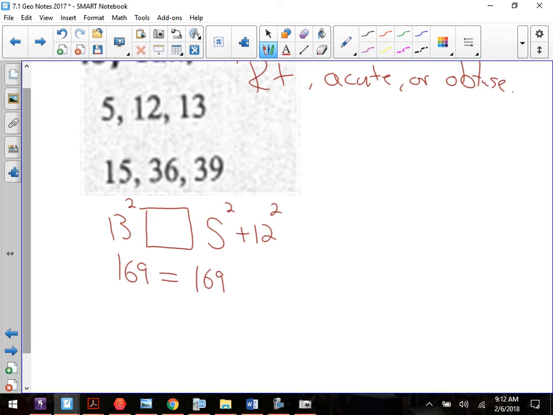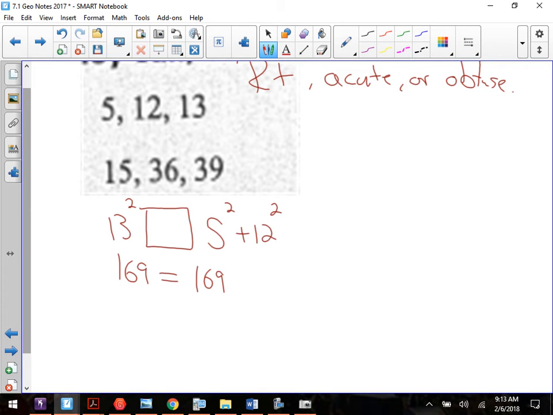Third time's the charm. So since they equal each other, 13 squared is 169. 5 squared plus 12 squared is also 169. That means that those three side lengths create a right triangle. That's what you're looking at doing.